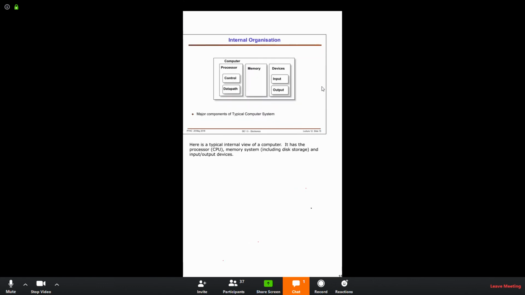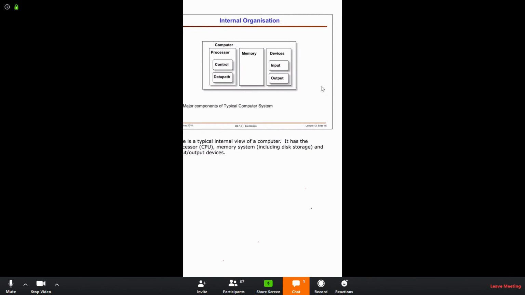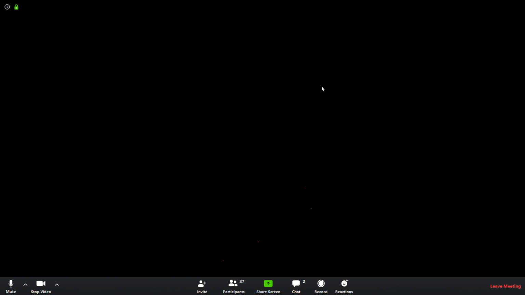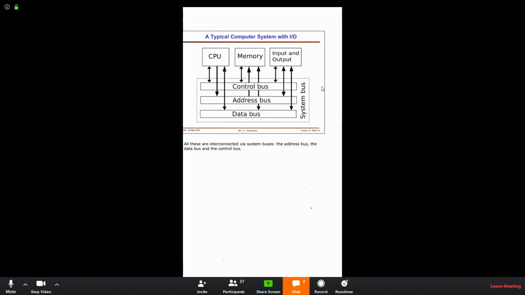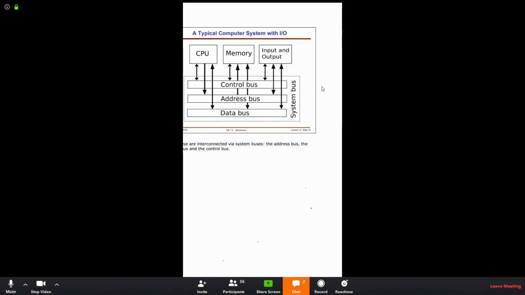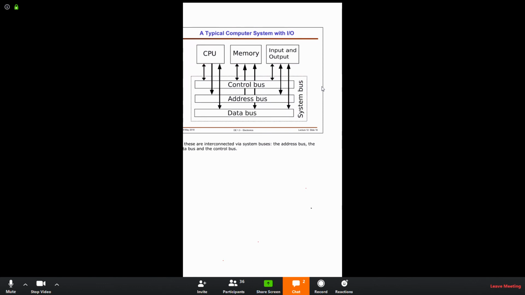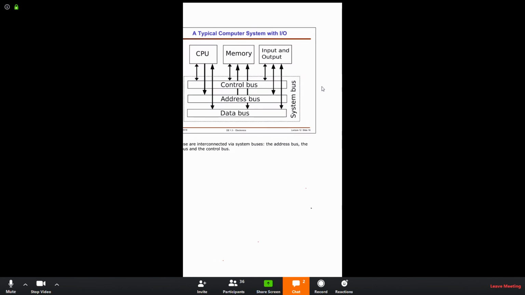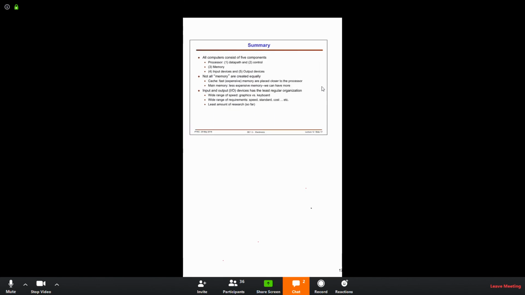Then there is the internal organization: processor, control, data path, memory, input output, I am skipping that. And the typical computer memory system, CPU, memory, input output, I have given that too. Slide 16 has a CPU, a memory, input and output, control bus, address bus, data bus. And this is the summary.